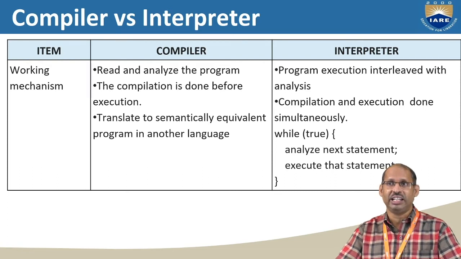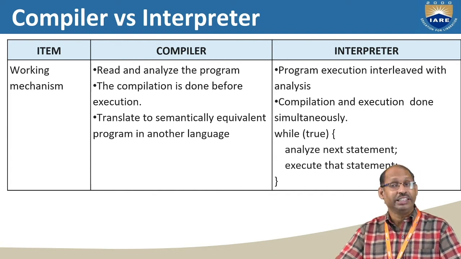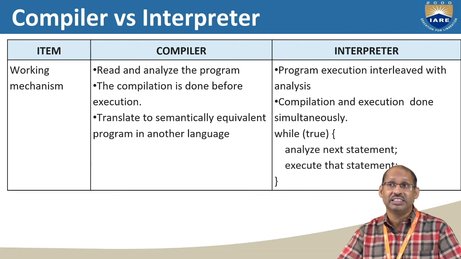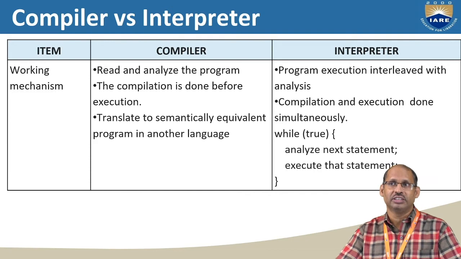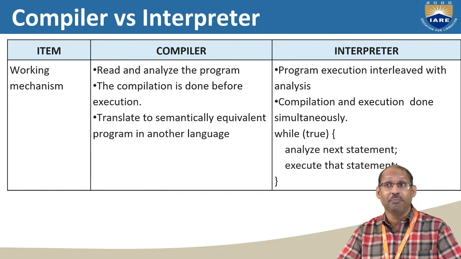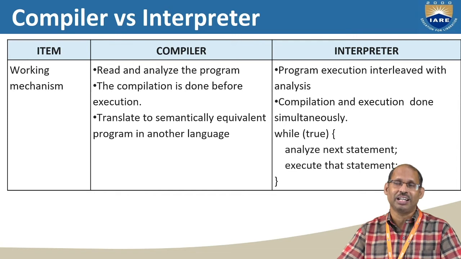We can understand where the output is wrong. Might be syntactically the statement is correct, but the result is wrong. So we can find out the error locations which result in wrong outputs.